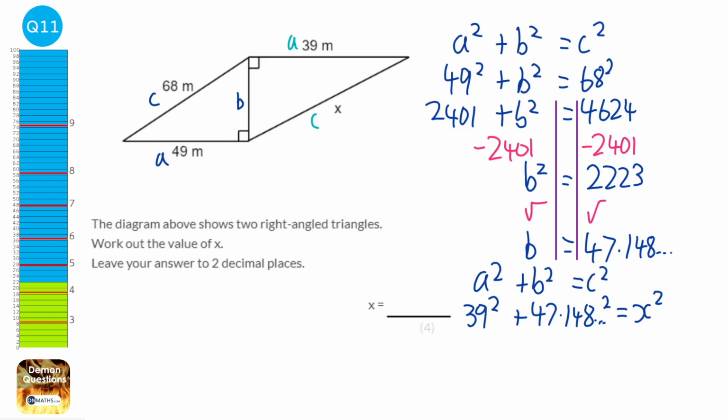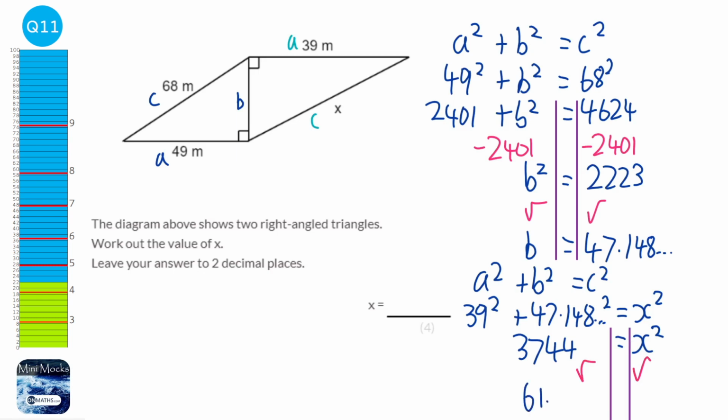So we do 39 squared plus 47.148 squared, and that will be 3,744 equal to X squared, and we'll just get our lines in because we need to square root both sides, and we get 61.188 and so on is equal to x. It says it wants two decimal places, so that will be 61.19.